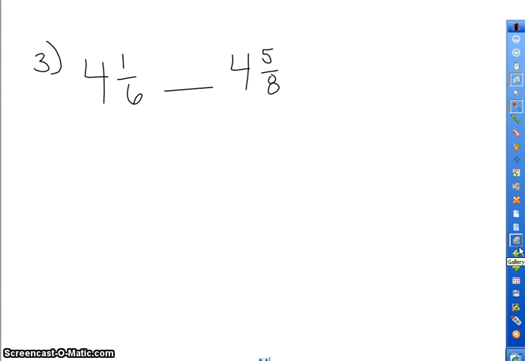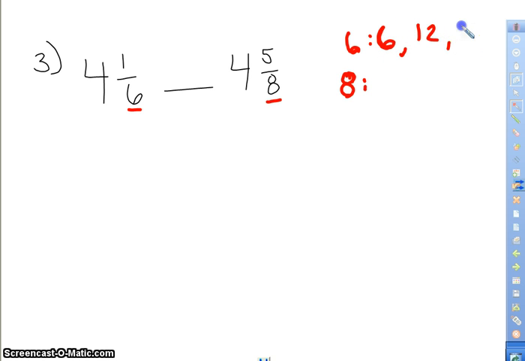Okay, same deal when it's mixed numbers. So I still need to find the LCD of 6 and 8. So I'm going to list my multiples here. 6 times 1 is 6, 6 times 2, oh, my pen froze, is 12, 6 times 3 is 18.